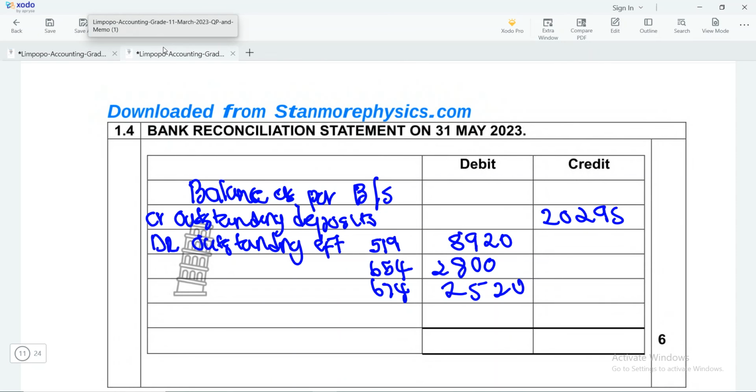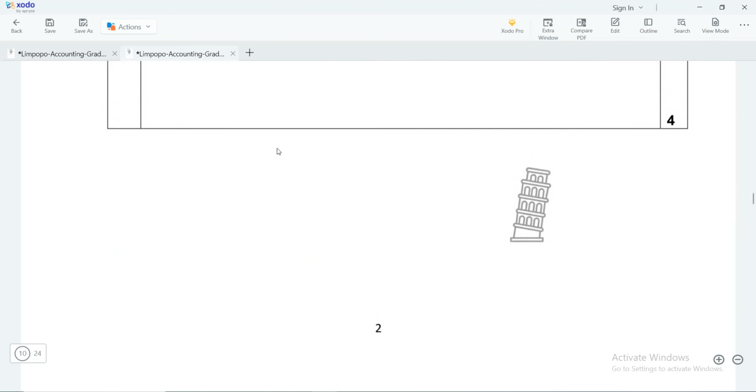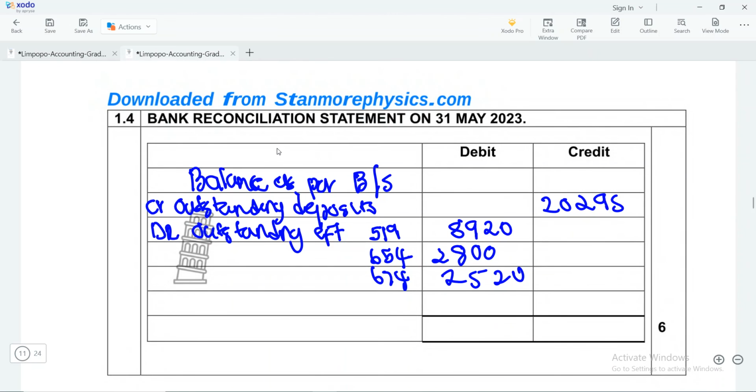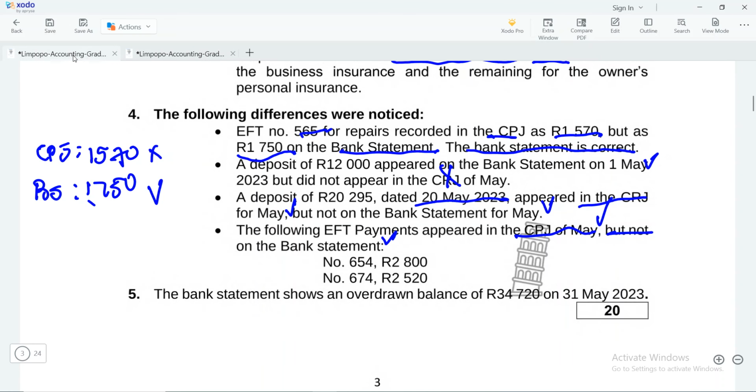Then from there you will tick the ones that have appeared and circle the ones that are not appearing. Okay, so remember that, because sometimes they won't give you transactions in that way. They will actually give you a bank statement, so you need to know how to do those comparisons. But I believe that you were taught this in your introductory lessons.